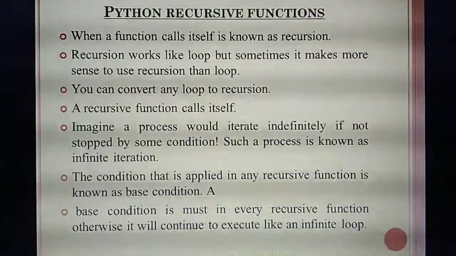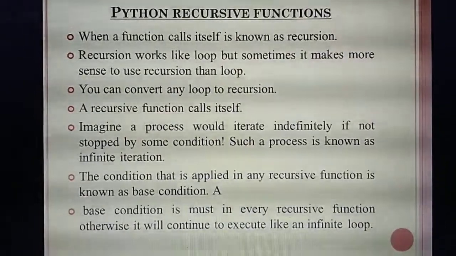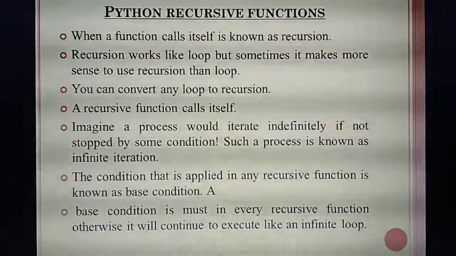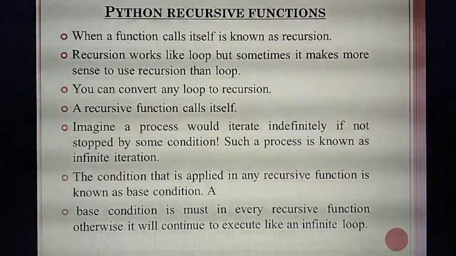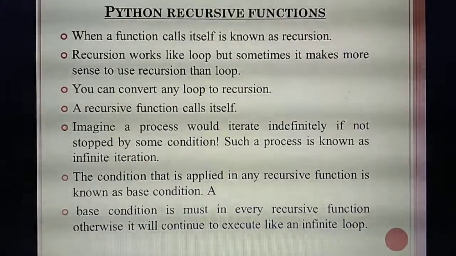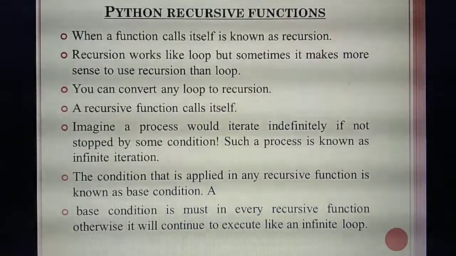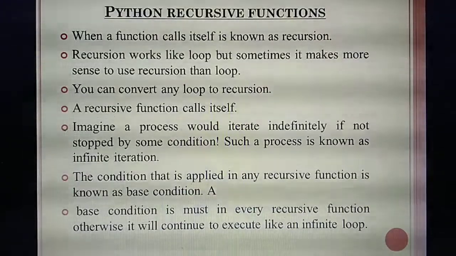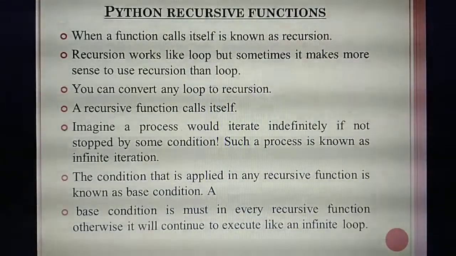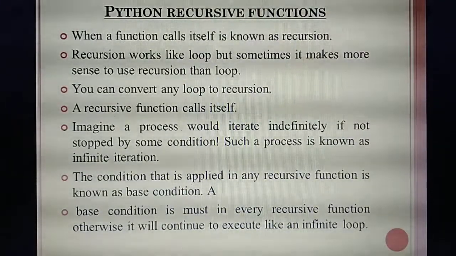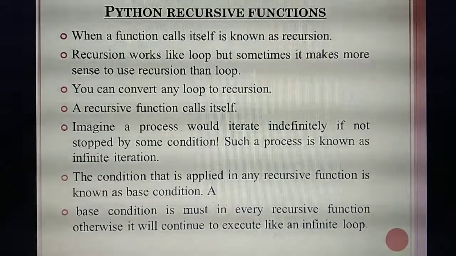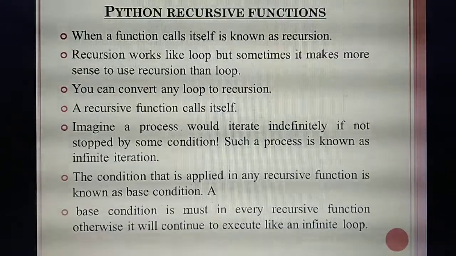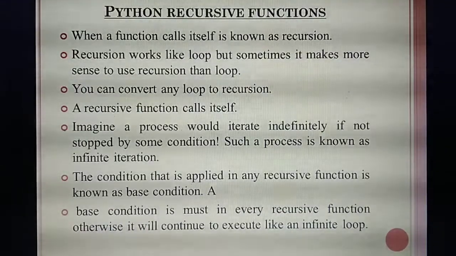So what do you mean by recursive function? A function will call itself again and again, that is called recursion. The recursive function works similar to a loop, so you can convert any kind of for loop or while loop to a recursion. Normally in a loop we give some conditions, and till the condition is true the loop will execute, otherwise it will terminate.